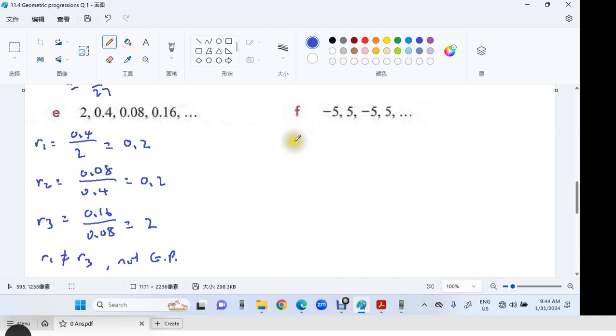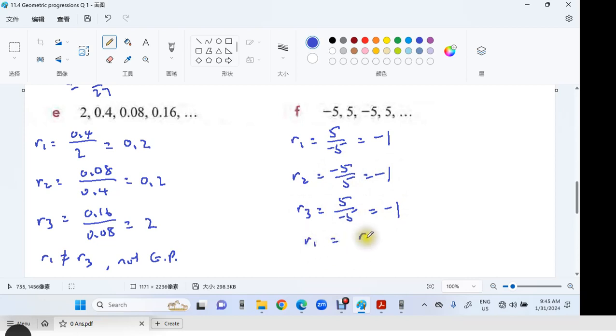Okay, F, the R1 is 5 over negative 5, that is negative 1. R2 is negative 5 over 5, is negative 1. R3 is 5 over negative 5, that is negative 1. So R1 equal to R2 equal to R3 equal to negative 1. Therefore, it is a GP with the R equal to negative 1.